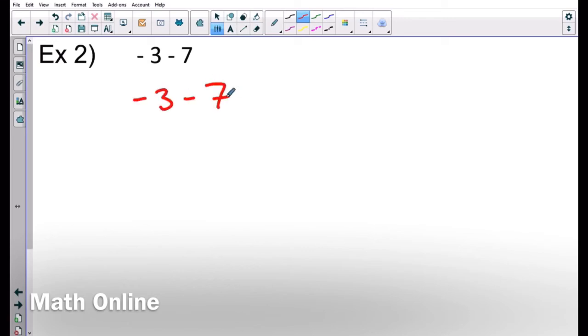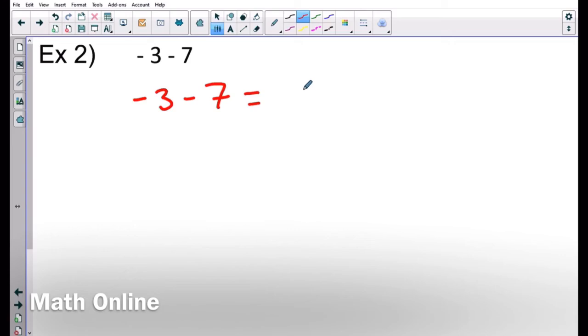I'm going to look up this number and keep in mind the addition rule, okay, guys? The 3 is negative. The 7 is negative also, right? So, if the signs are the same, what do we do with these numbers? Do we add them? Do we subtract them? If the signs are the same, we add the numbers, right, guys? Okay, good. So, since the numbers have the same sign, we're going to go ahead and add these numbers.